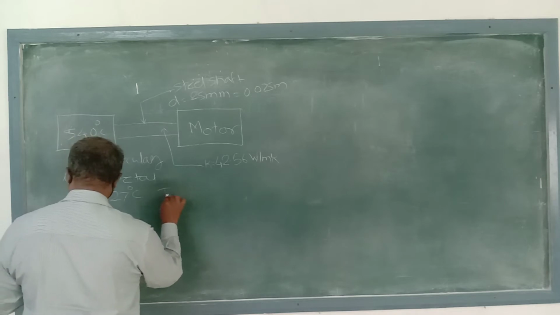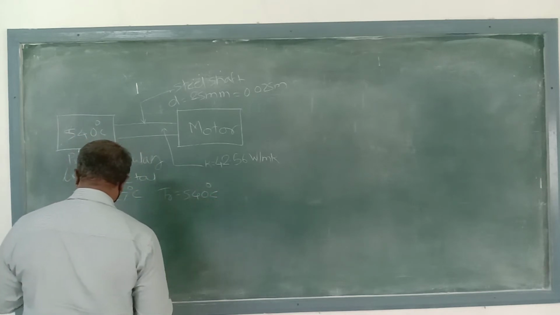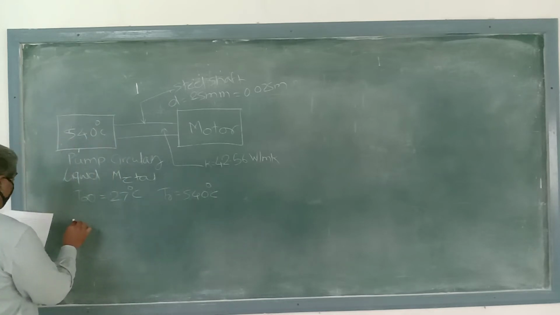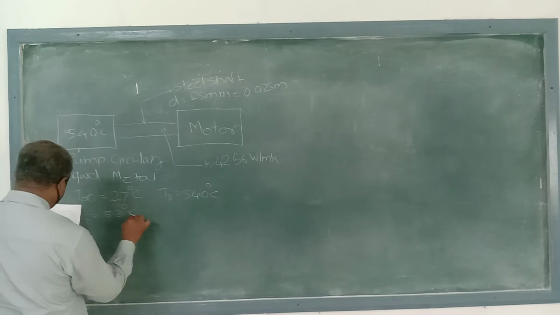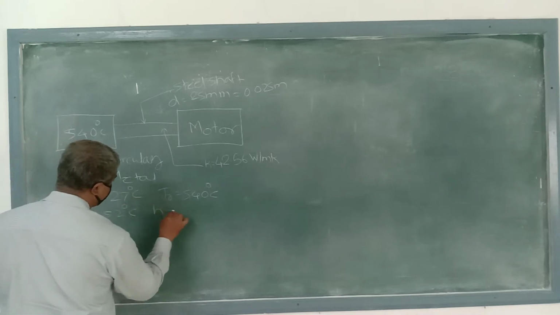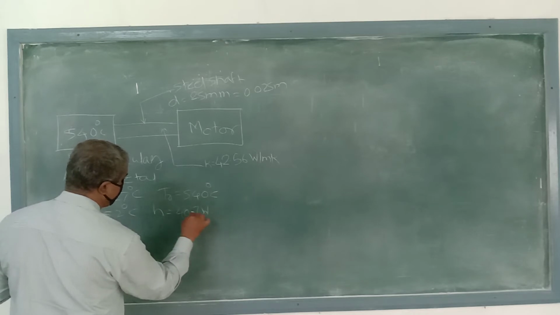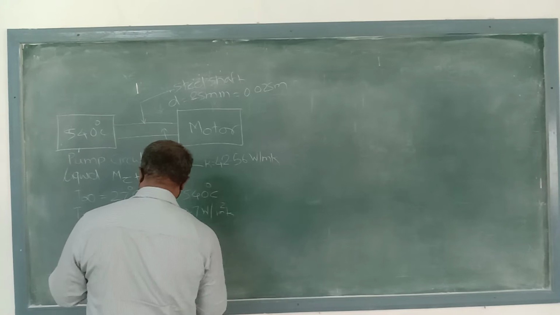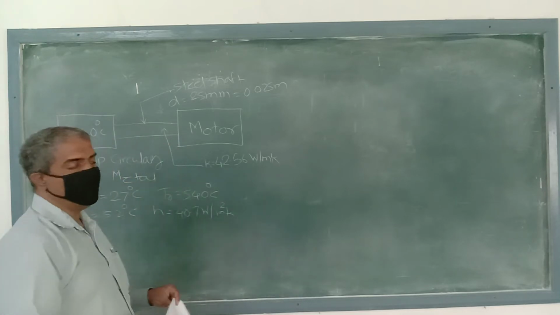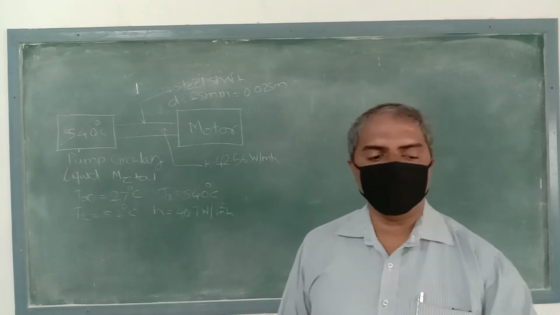Next, T0 is 540 degrees Celsius. Next, TL is 52 degrees Celsius. H, which is 40.7 watt per meter square Kelvin. Now we have written all the things mentioned in this problem.